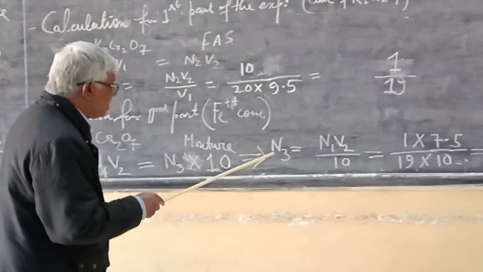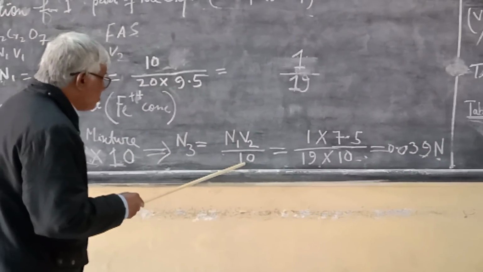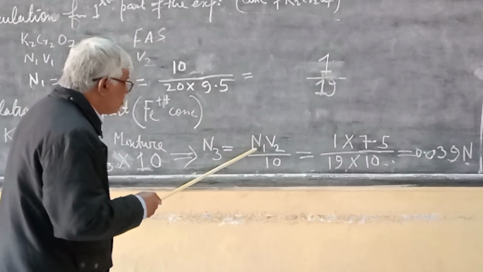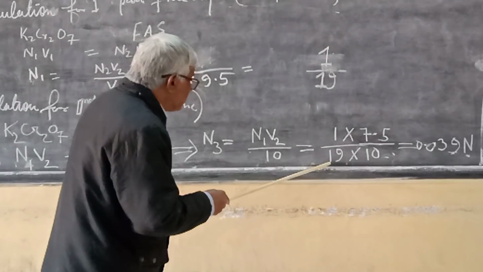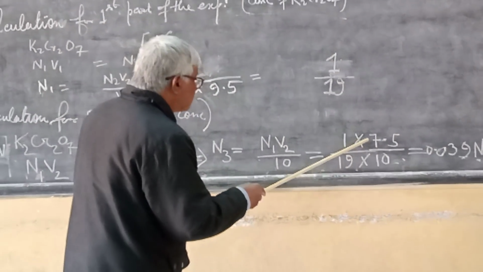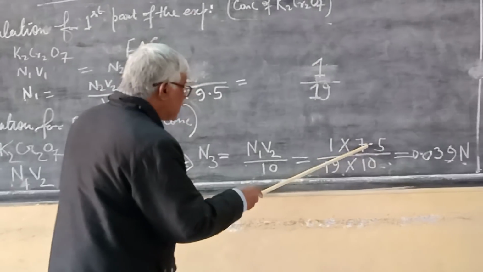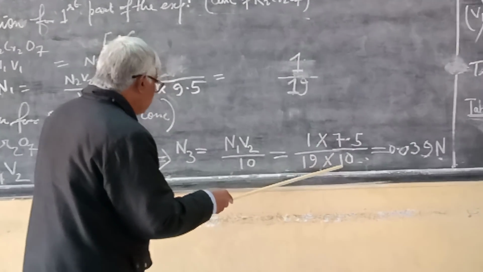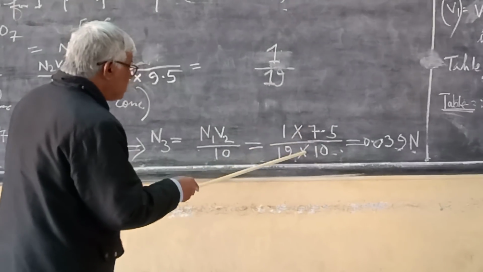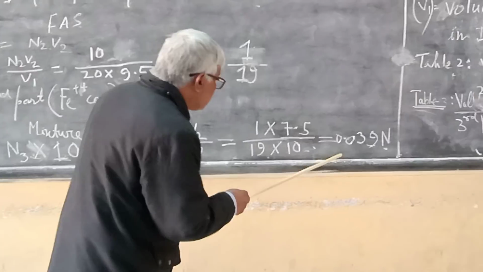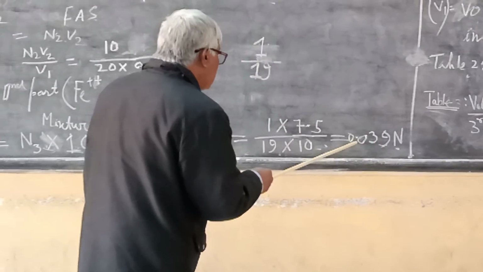So N3 is N1 into V2 by 10. N1 is already known from the first part, it is 1 by 19, and V2 is 7.5 used for this titration, and 10 ml of this solution was taken. If you solve this, the value is coming 0.039 normal solution.